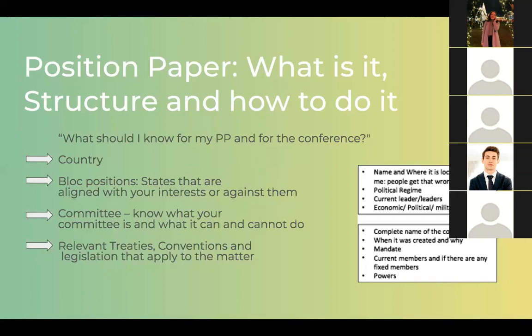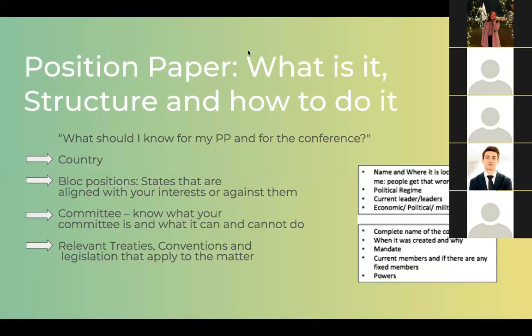What you can do, what you cannot do, what the committee's powers are, that will reflect totally in your solution at the end of your position paper, and of course at the end of the conference. And again, relevant treaties, reports, protocols, conventions, legislation, etc.